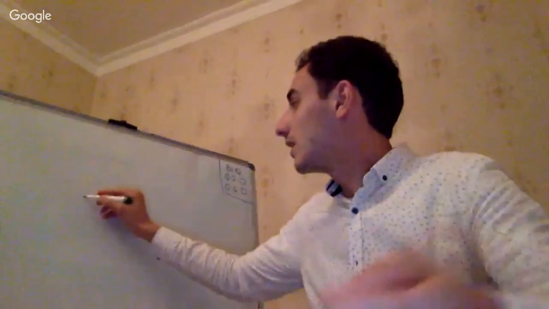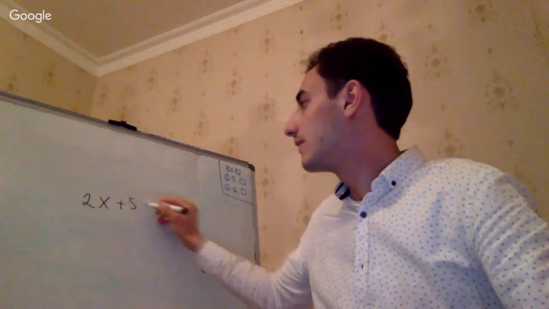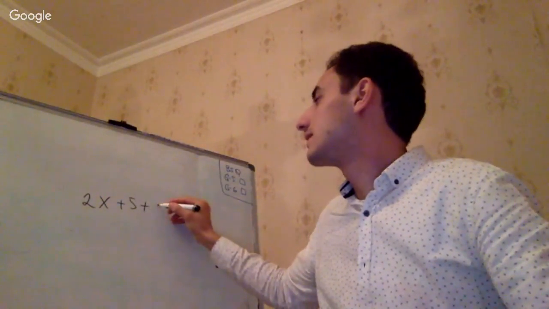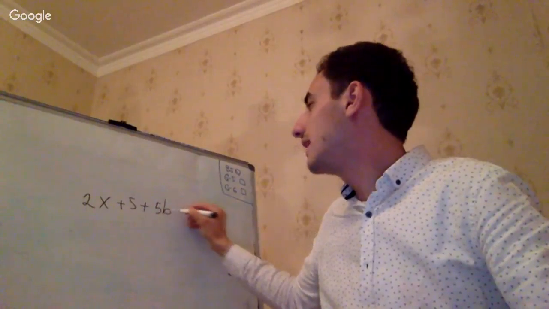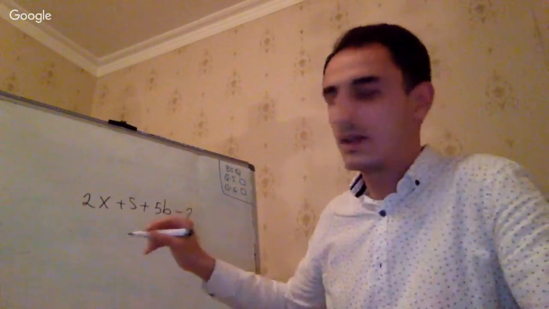Expression. Expression is a kind of algebraic sentence, let's say, and that sentence consists of numbers, letters, and the operations. I mean addition, subtraction, multiplication, and division. For example, this is an expression: 2x plus 5b minus 2, let's say.